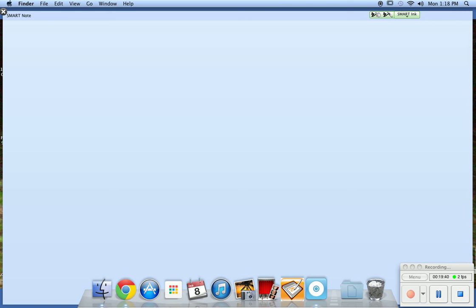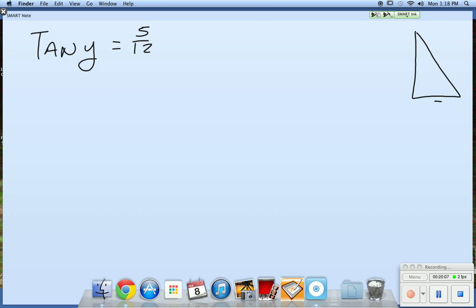If you take a look on page 382, number 17, it says at the top, tangent of y equals 5/12. What kind of triangle am I looking at? 5, 12, 13. Okay?